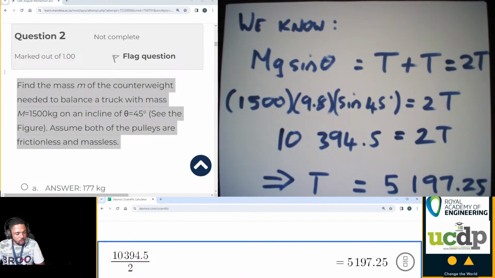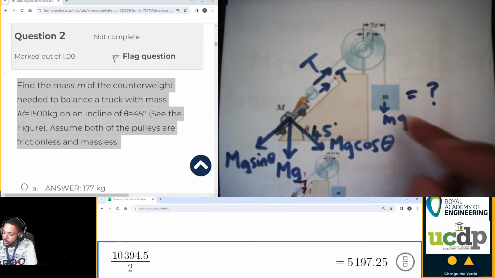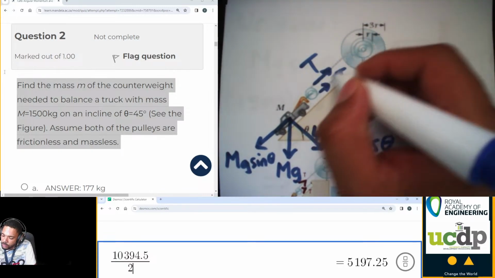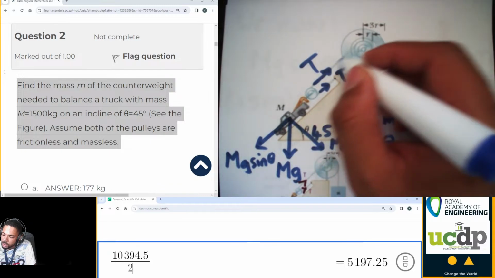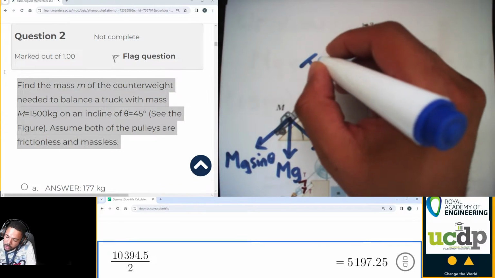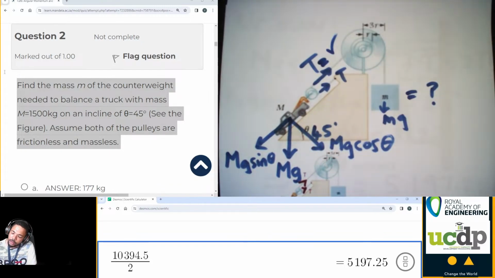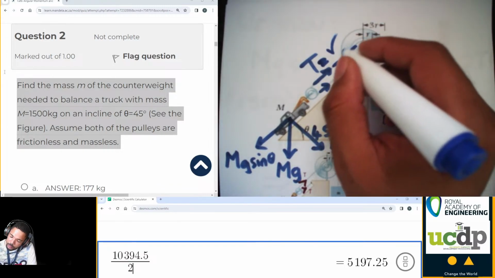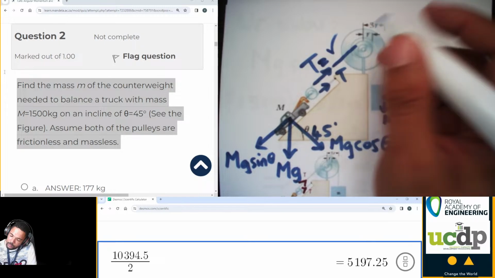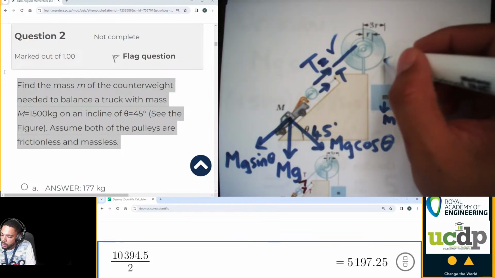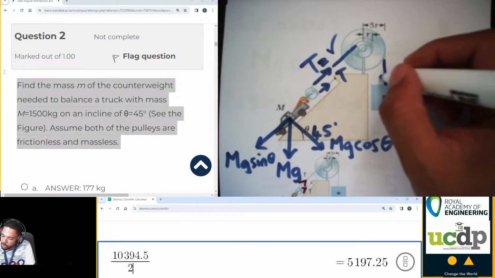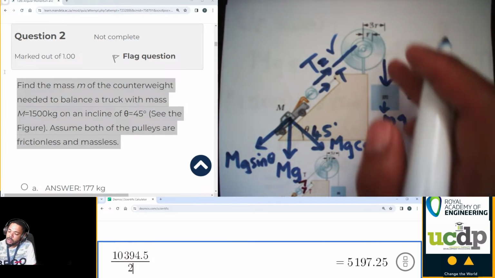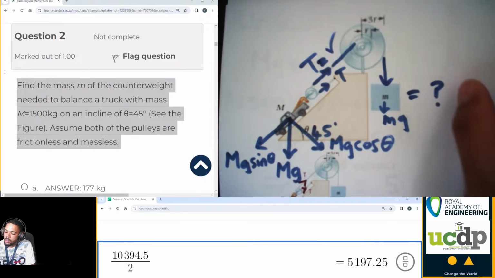In order to calculate that mass there, we have the tension T in the rope. Now we want this mass here, but it is acting on a pulley.